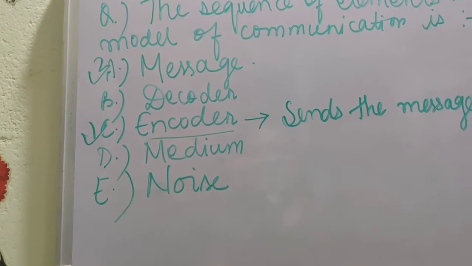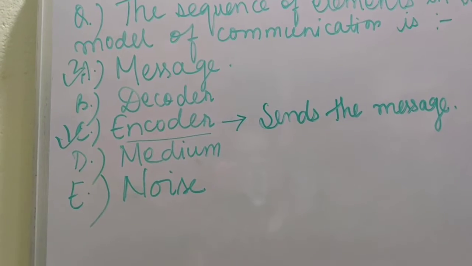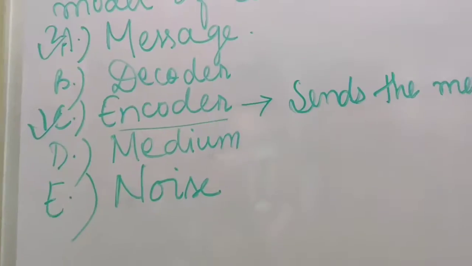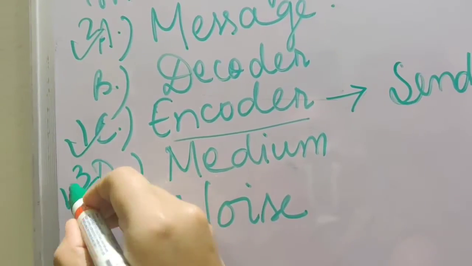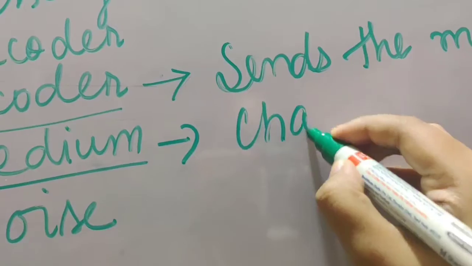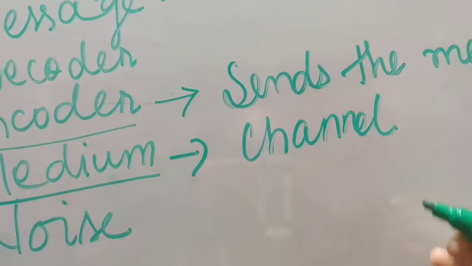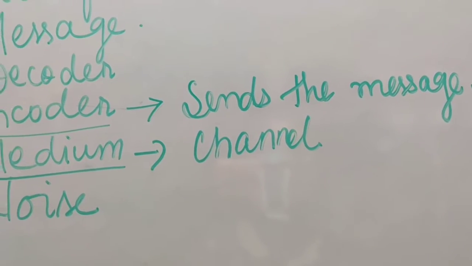Now, the message will be sent through a medium or through a channel of communication. So, the third element is medium. So, what is a medium? Medium is a channel through which a particular communication is delivered.